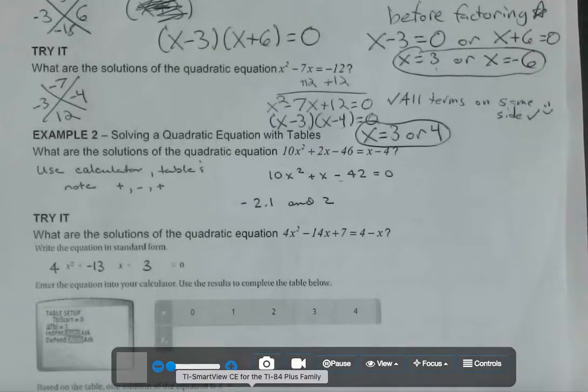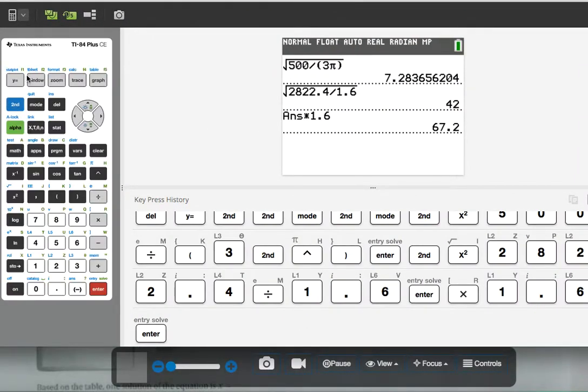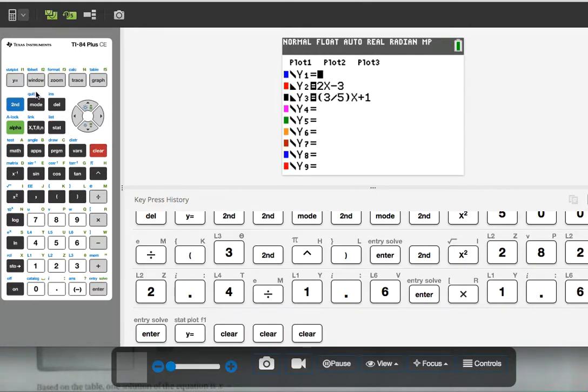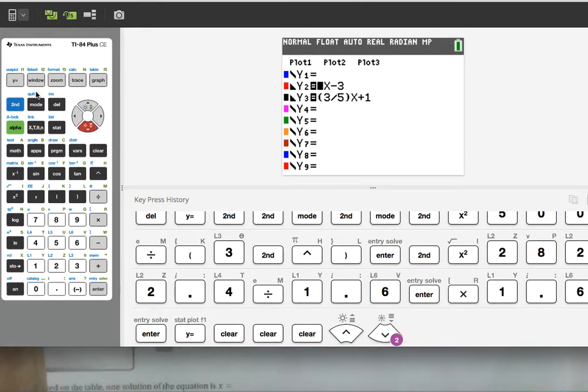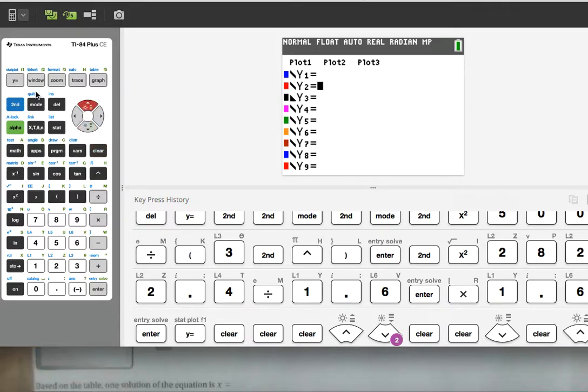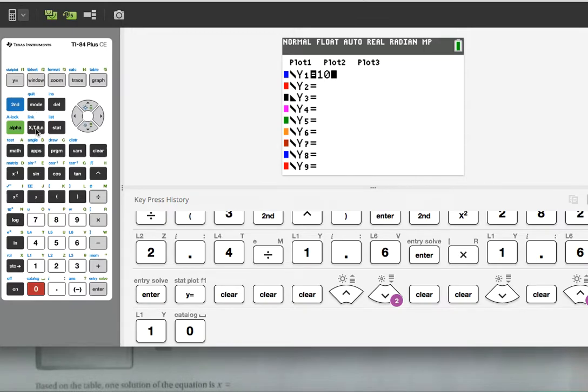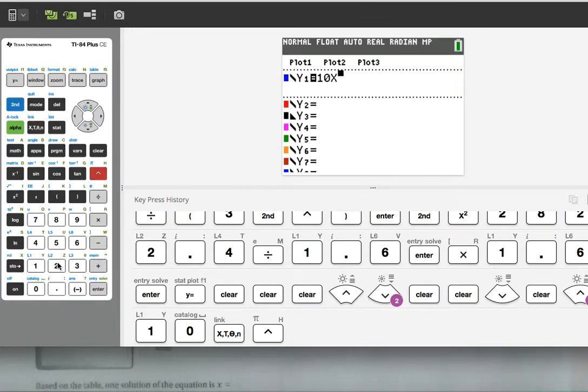If we take a look at our calculator, let's graph this out. First clearing everything. So we have 10, we've got x. Let's square it. Let's then continue with adding on x.